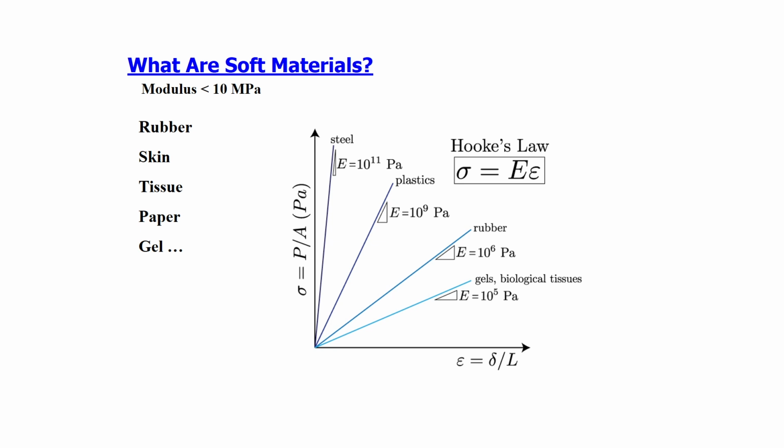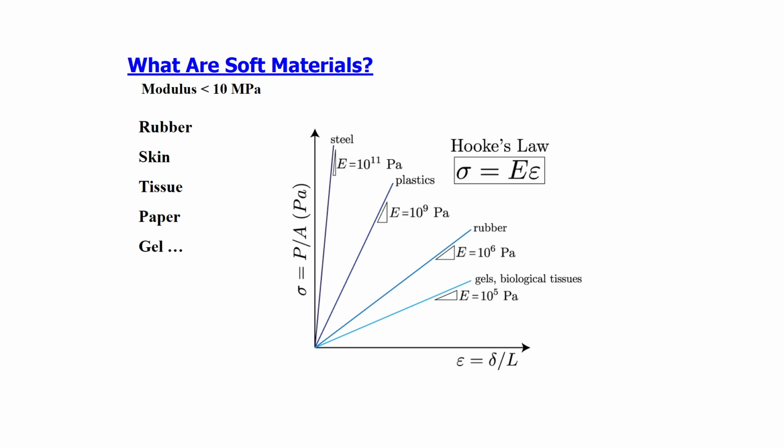These pressure sensitive adhesives are mostly soft materials or soft glue, so the modulus of these materials will be less than about 10 megapascal, or mostly about a megapascal or so. And how does it compare with other soft materials like rubber, skin, tissue, paper and gel?